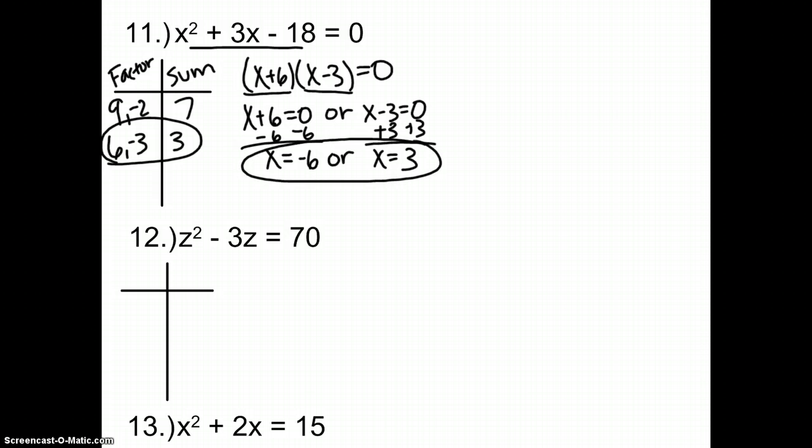So now we want to check these solutions to make sure that they both work. So we plug them into our original equation and make sure that they're both equal to 0.